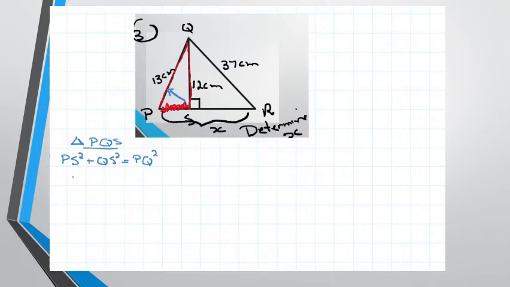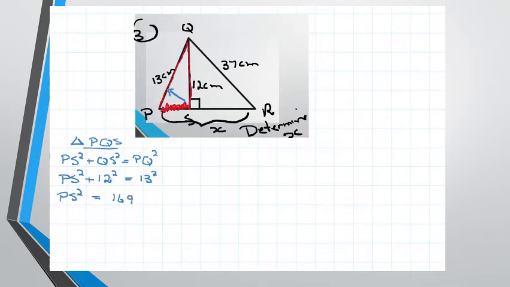PS is the side I would like to determine in this triangle. So I'm going to leave it PS plus QS is labeled to be 12 equals to the hypotenuse PQ to be 13. I'm going to keep the PS on the left hand side equal to 13 on the right already squared to be 169.